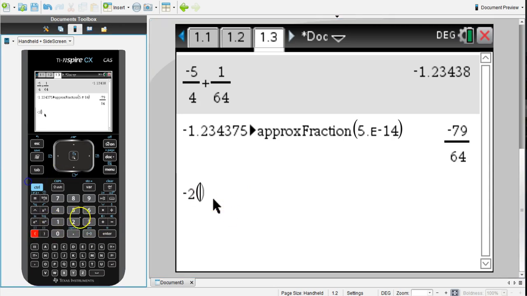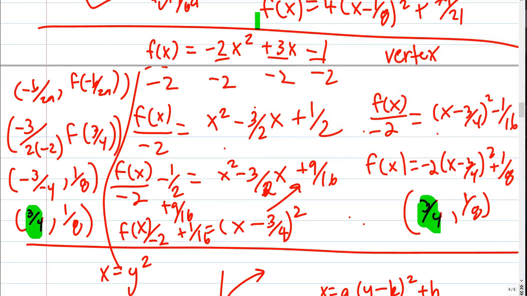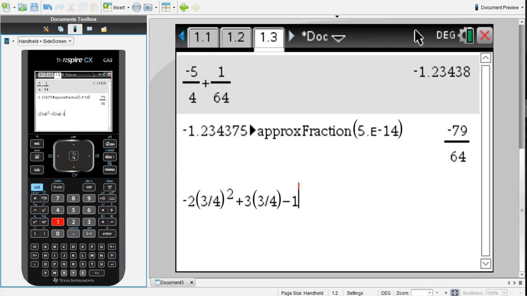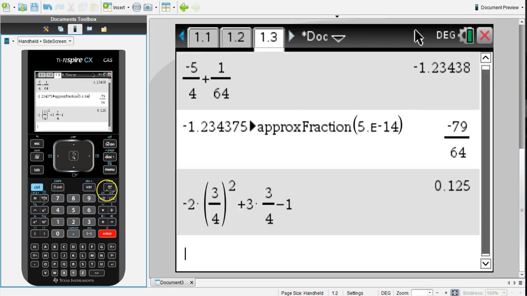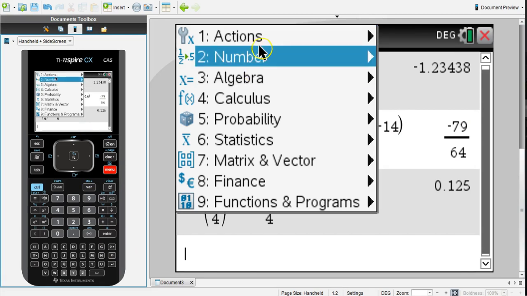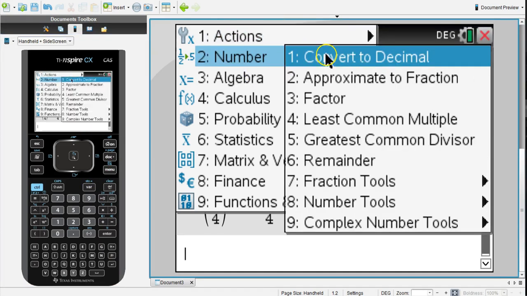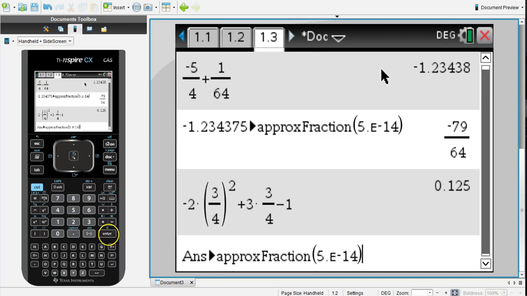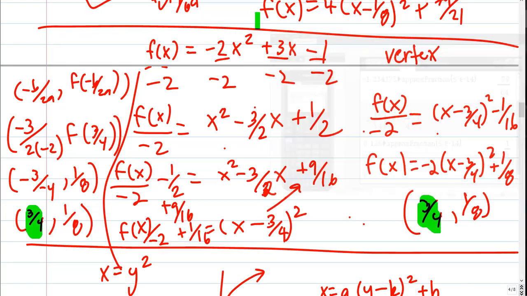Negative 2 times 3/4 squared plus 3 times 3/4 and then minus 1. Okay, let's see what we get. As a fraction, how about 1/8? So it works.